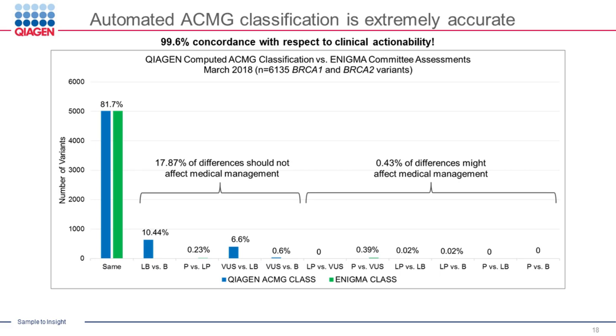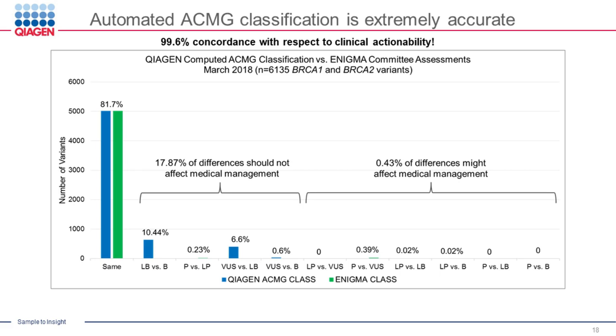So you can see at the top of the graph it says N equals 6,135, as those are the number of variants that we benchmarked here. 81.7% of those were perfectly concordant between QCI and the Enigma expert panel. And then when we move to the right, you can see that an additional 17.87% were different, but those differences should not affect medical management.